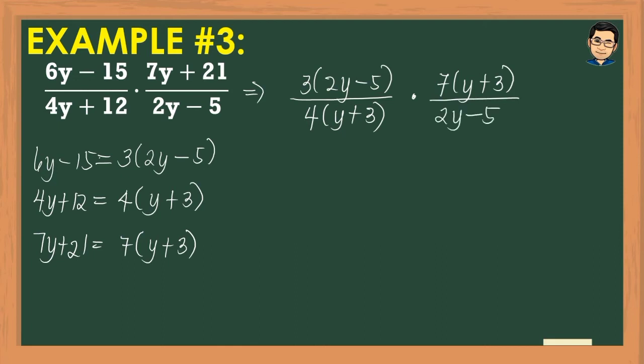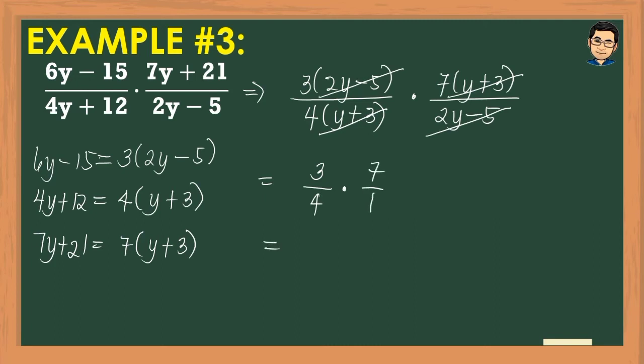So, ngayon, pwede na po tayong mag-cancel. So, yung 2y minus 5 dito, pwedeng i-cancel tsaka yung nasa denominator. As well as yung y plus 3 na nasa numerator, tsaka y plus 3 na nasa denominator. Now, yung mga natira, i-multiply lang po natin. So, 3/4 times 7 over 1.